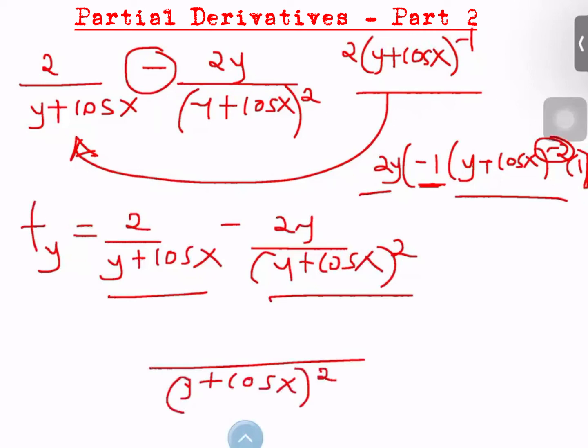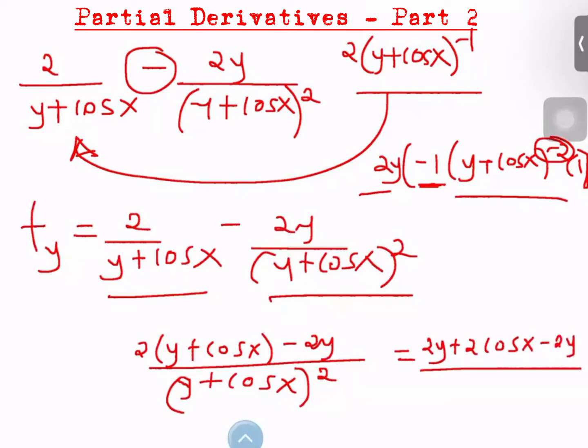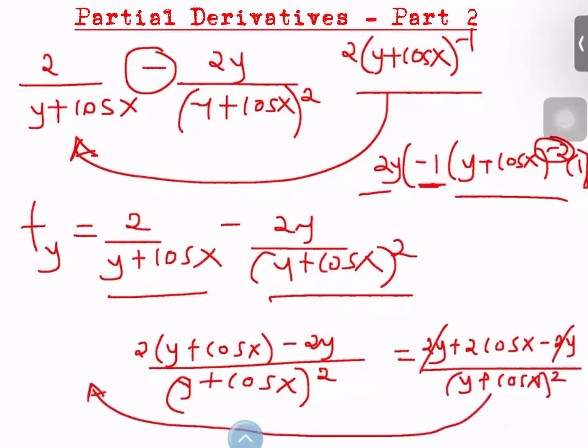So we get 2 into (y plus cos x), then minus 2y, all divided by (y plus cos x) squared. This 2y cancels with that, leaving 2 cos x divided by (y plus cos x) squared. That's the value of f of y.